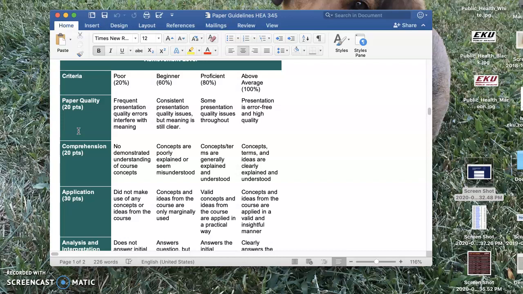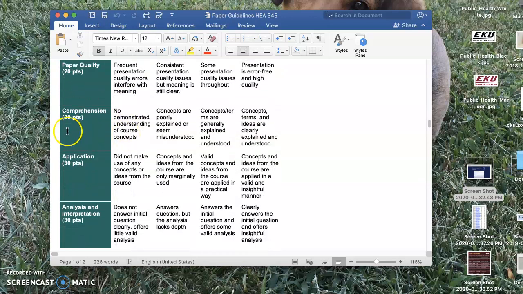So paper quality: is it grammatically correct? Spell checked, no punctuation errors, things like that.